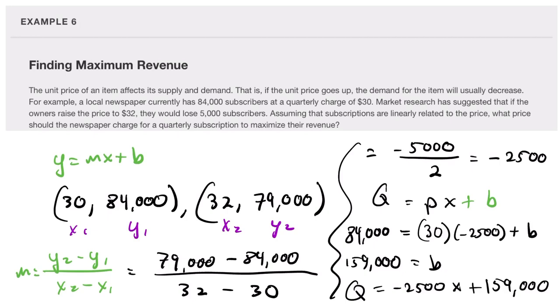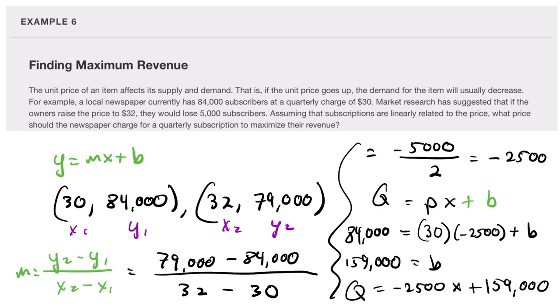Our x in that case was 30, and our y was 84. Siri, what's 30 times 2,500? 30 times 2,500 is 75,000. Siri, what's 84,000 plus 75,000? 84,000 plus 75,000 is 159,000.